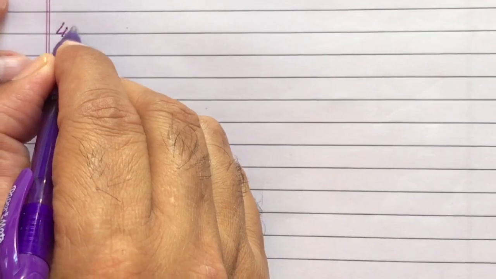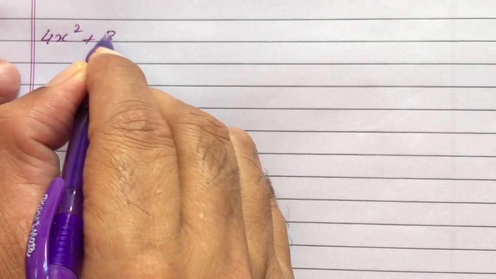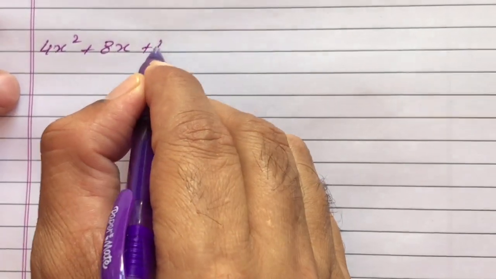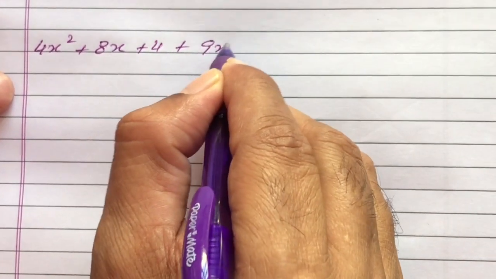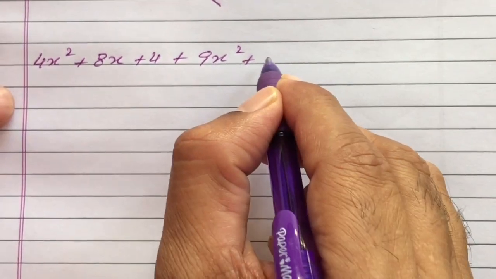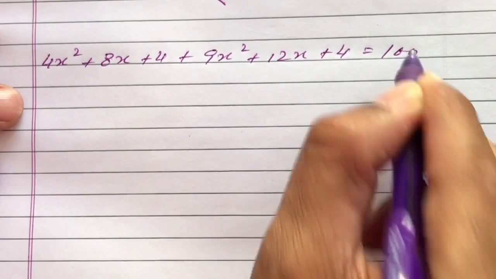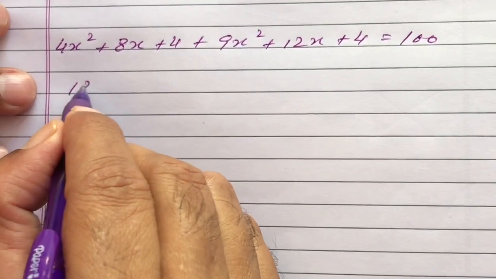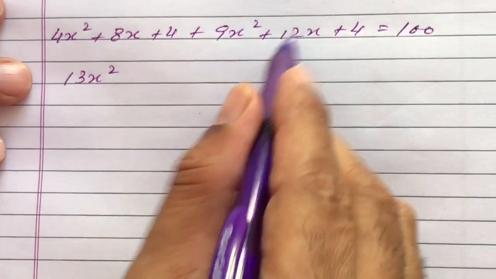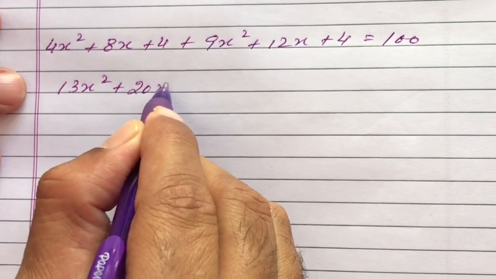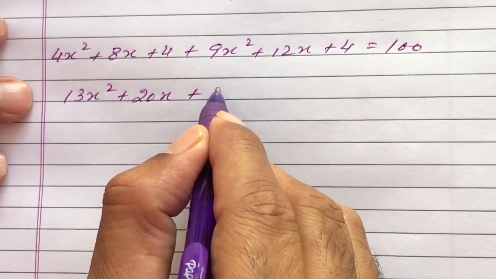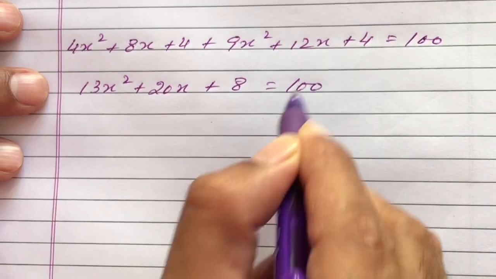That is 4x square plus 8x plus 4 plus 9x square plus 12x plus 4 is 100. So 13x square, 8x plus 12x, 20x plus 8 is equal to 100.